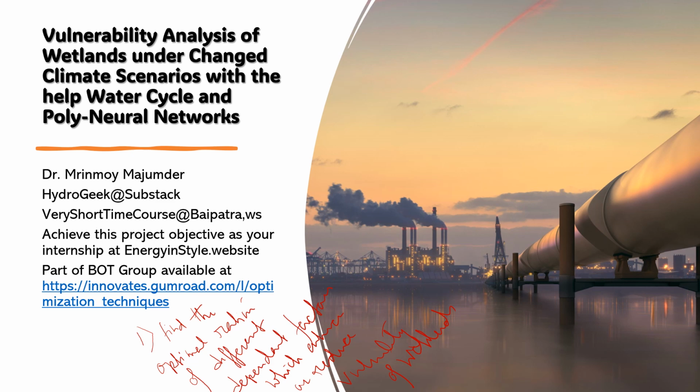And also the freshness of the water will slowly but steadily reduce. So that will actually increase the vulnerability of wetlands. That type of factors can be considered as vulnerability enhancing factors or risk enhancing factors.